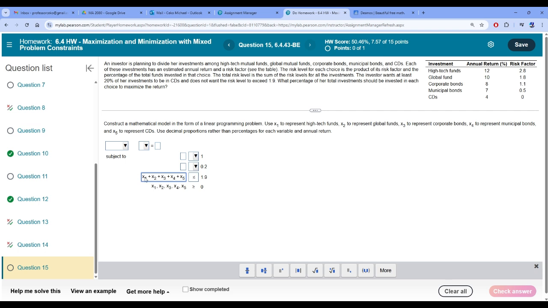So let's see the risk factor, 2.8, x2 is 1.8, here it's going to be 1.1, this one's going to be 0.5, and then this one is going to be 0.